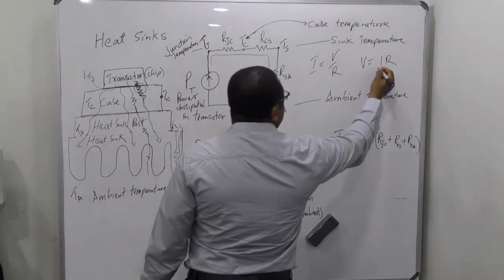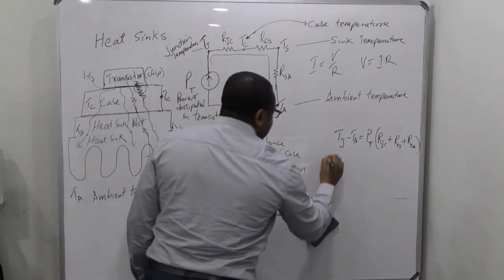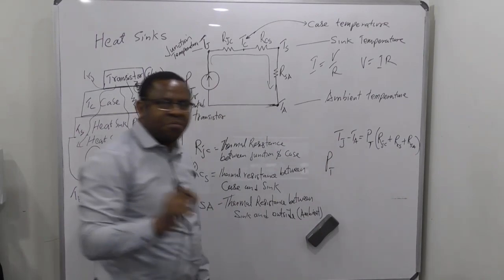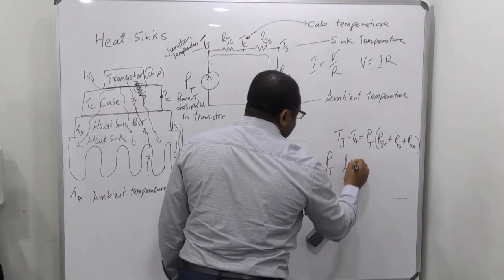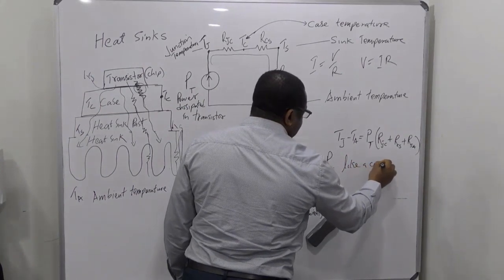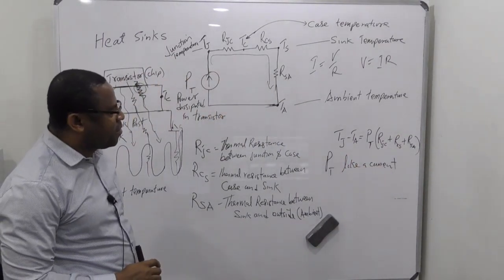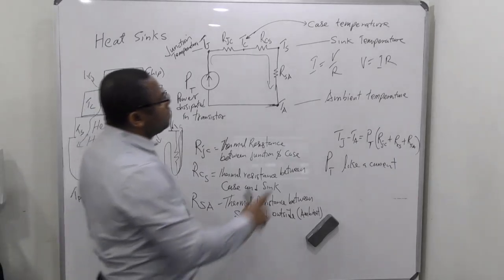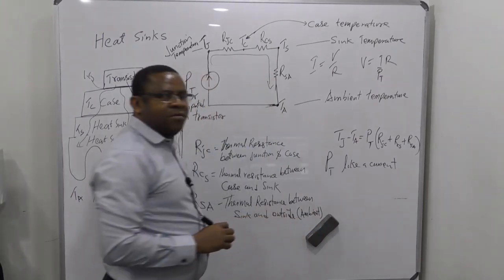So if I take this I as current, in other words, PT, which is the power being dissipated, you consider it like a current flowing. All right? Now it means I can replace this with PT, right?